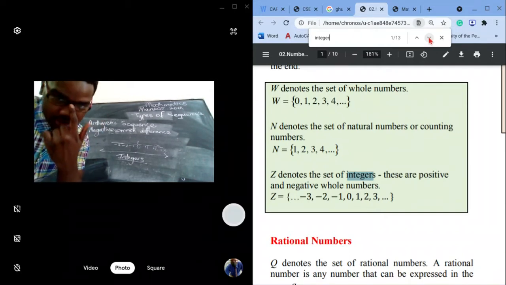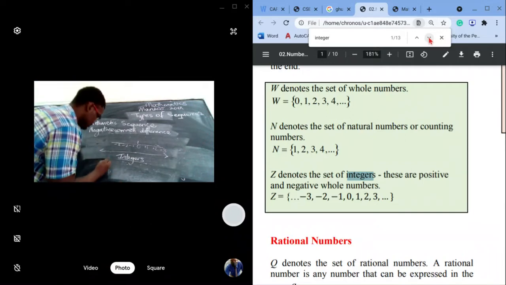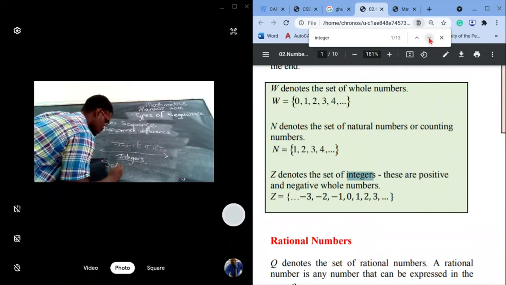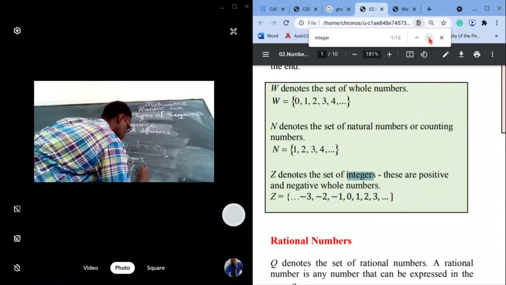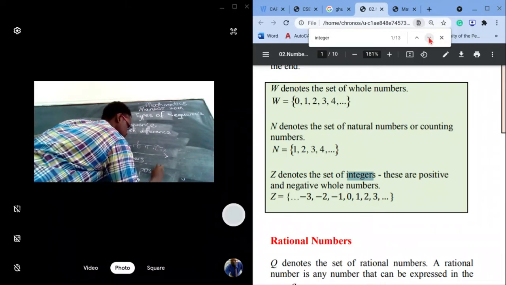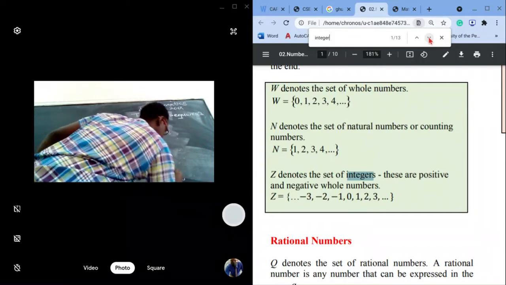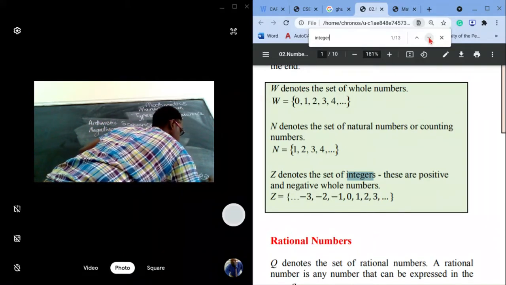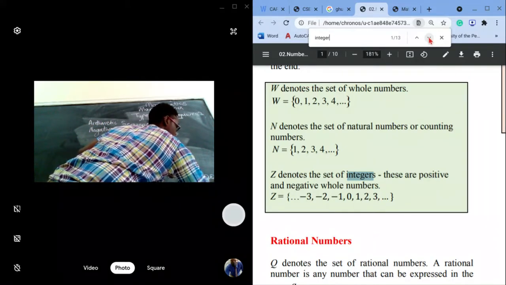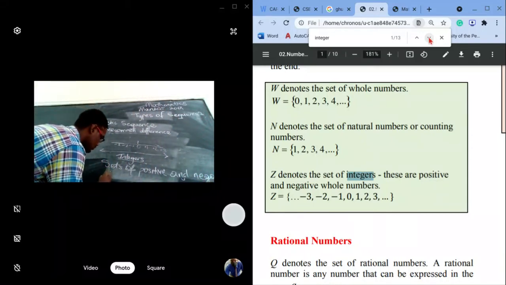Right? So integers are a set of positive and negative whole numbers.